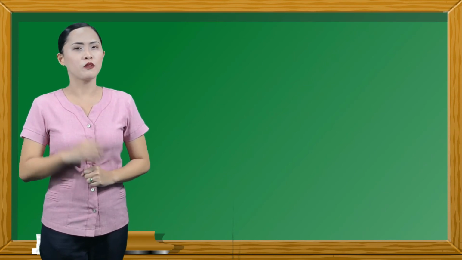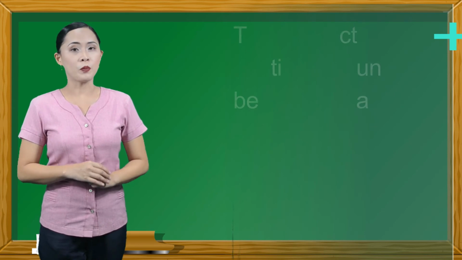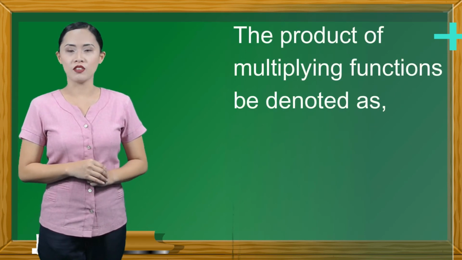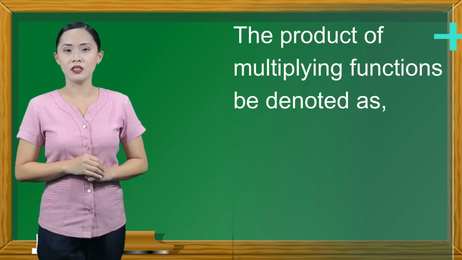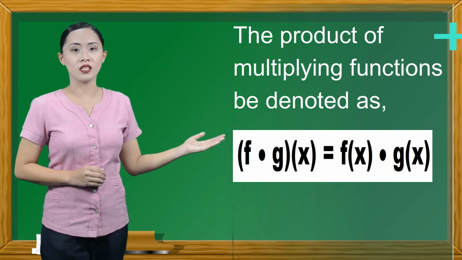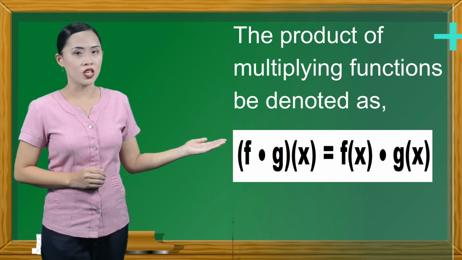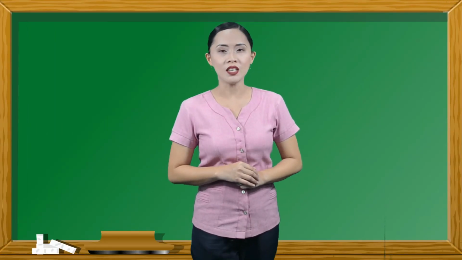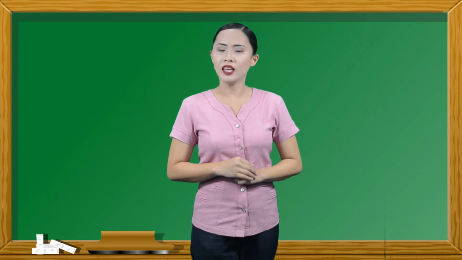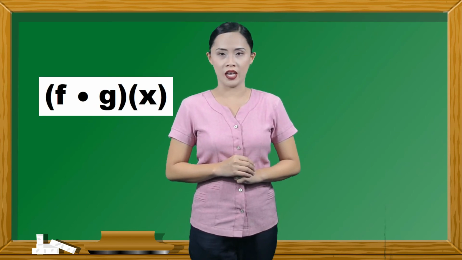How about if we multiply functions? The product of multiplying functions can be denoted as f times g of x equals f of x times g of x. Using the same functions, let us solve for f times g of x.